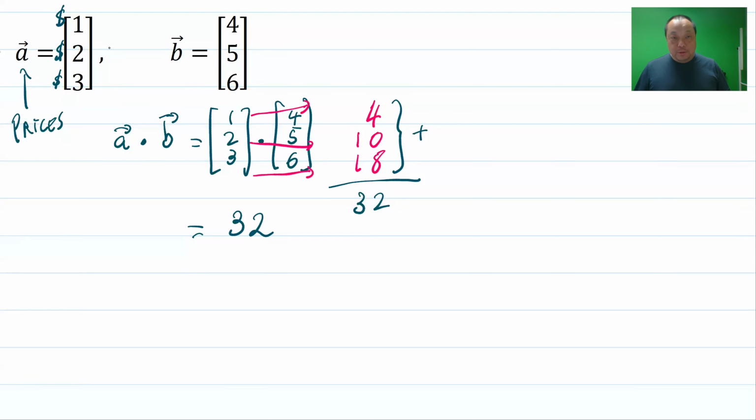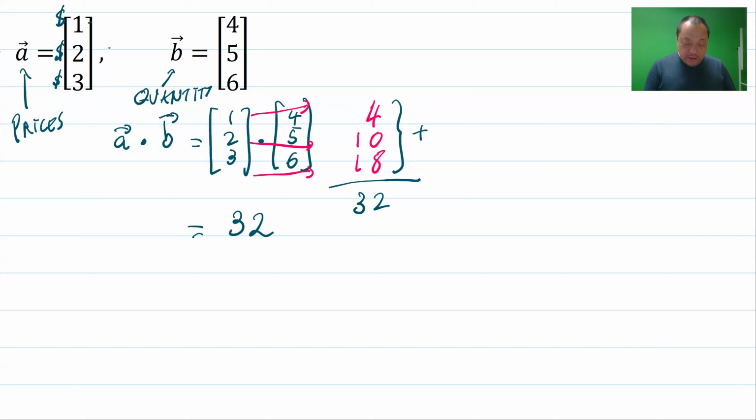So for example, pencil, pen, and paper. Pencil costs $1, a pen costs $2, and paper costs $3. And if you imagine that B is the quantity of those things, so we're buying 4 pencils, 5 pens, and 6 stacks of paper, then how much are we paying total?